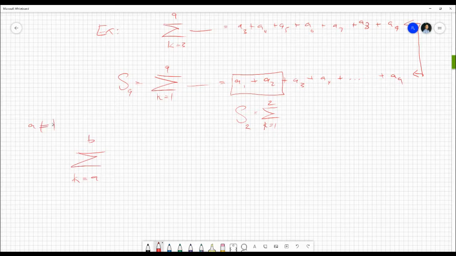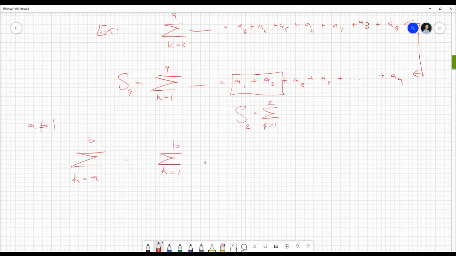So let's start with some arbitrary value where A is not 1, because if K is equal to 1, then my S would just be S subscript B. So if I have this, that means I can take K equals 1 to B. This will give me every single term starting from 1 and going all the way up to B terms.